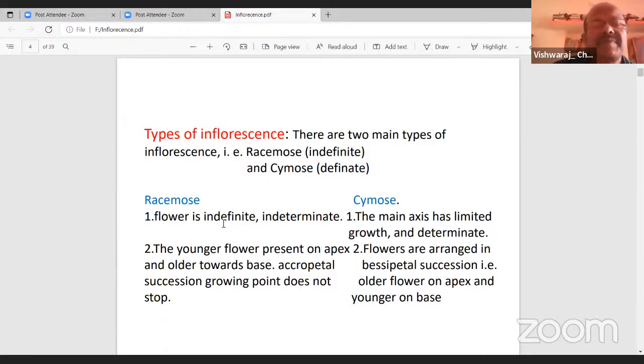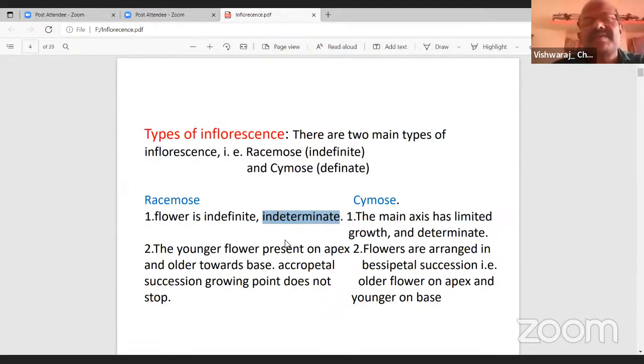There are no definite flowers; it may be 4, 5, 3, 6. Indeterminate means we cannot determine how many flowers develop on this branch, on these plants.